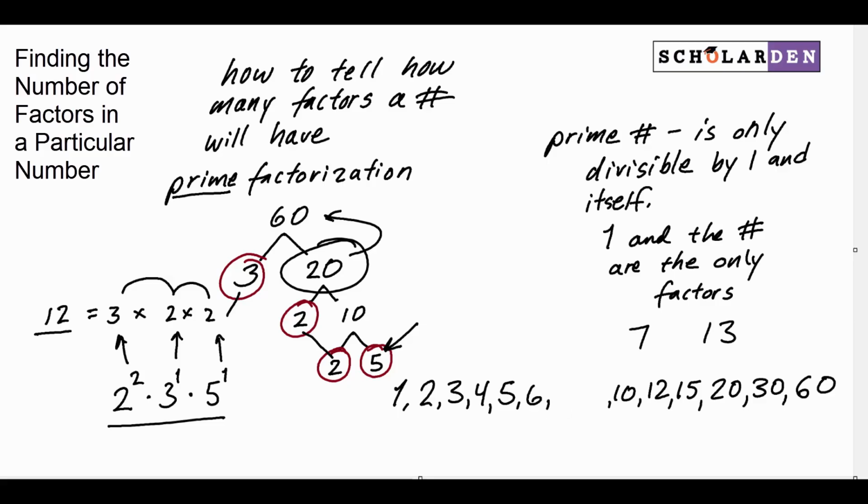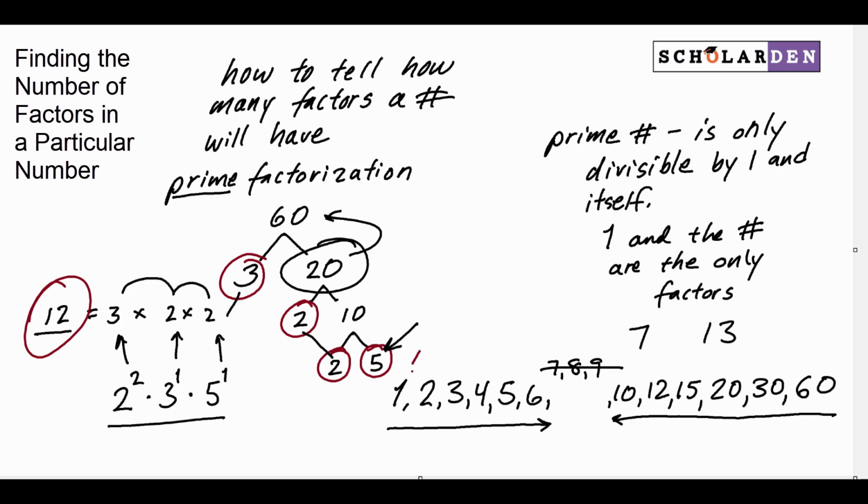And now, by working in from both ends, you sort of squeeze in the possibilities. So the only other possibilities left are 7, 8, and 9. And none of those go into 60. And anyway, I already see my 12 factors: 1, 2, 3, 4, 5, 6, 7, 8, 9, 10, 11, 12. So that's a great little trick.